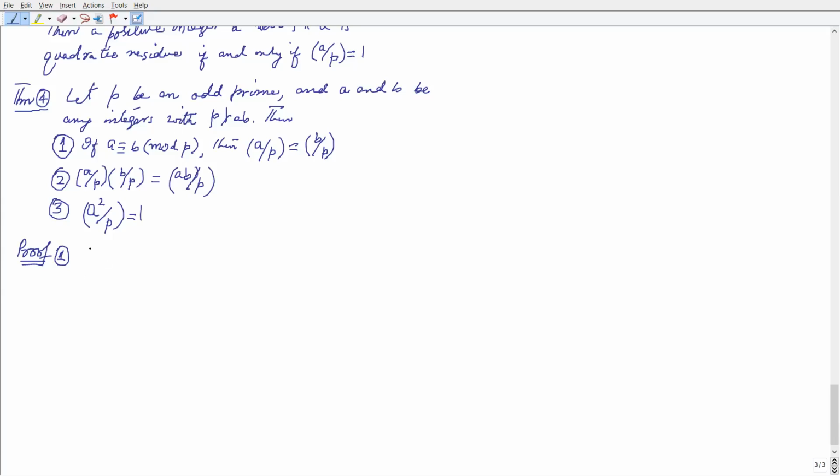So P is not dividing the product A and B. Okay, and we suppose the condition A is congruent to B modulo P.